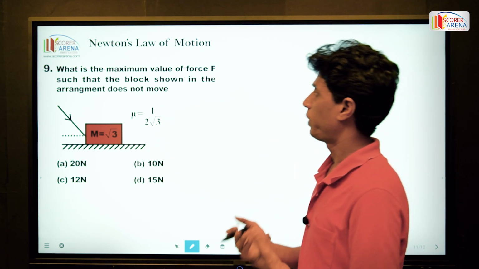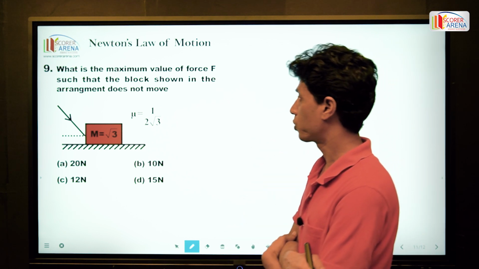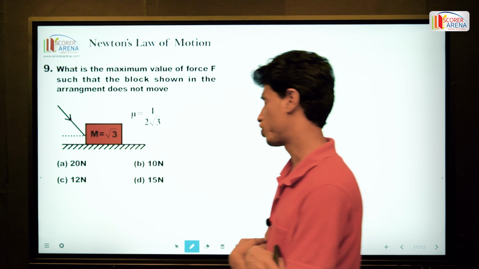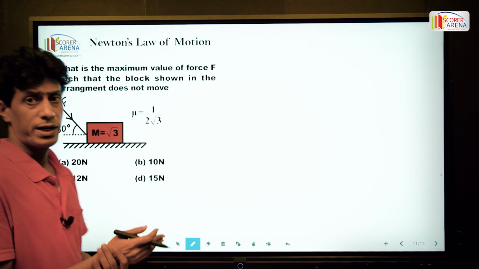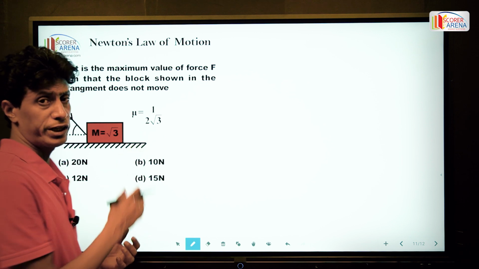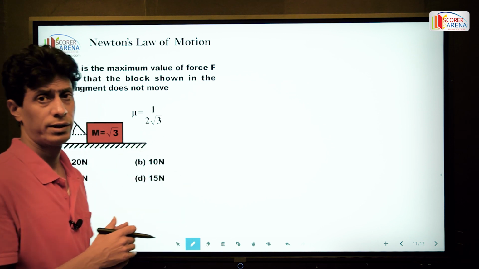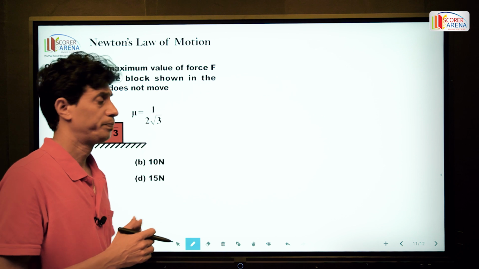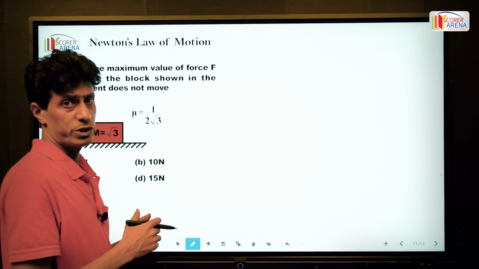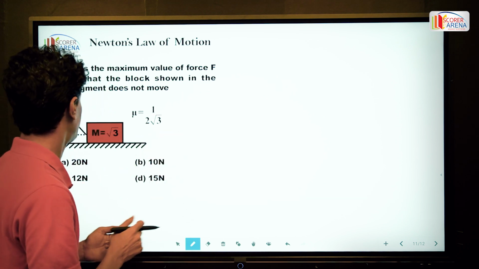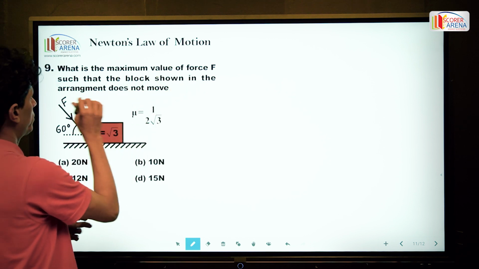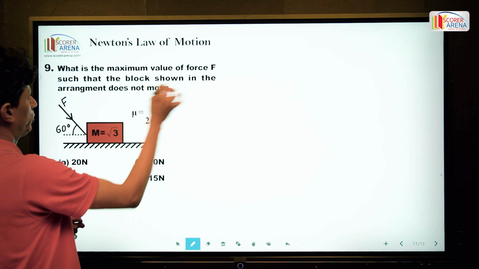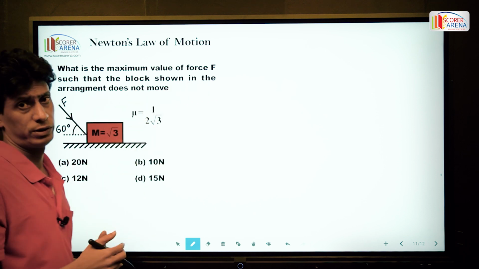What is the maximum value of F such that the block shown in the arrangement does not move? Again, the problem is asked for the case of pushing. The previous problem was the case of pulling. Here you have to find the pushing force, the maximum value of force such that the block does not move.